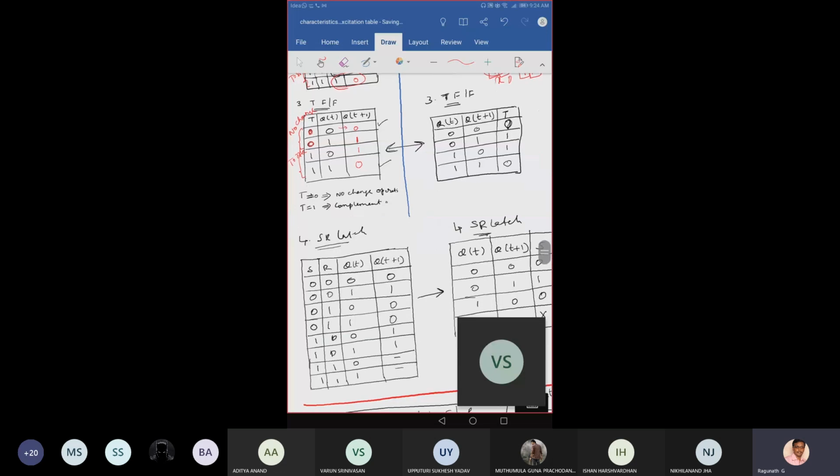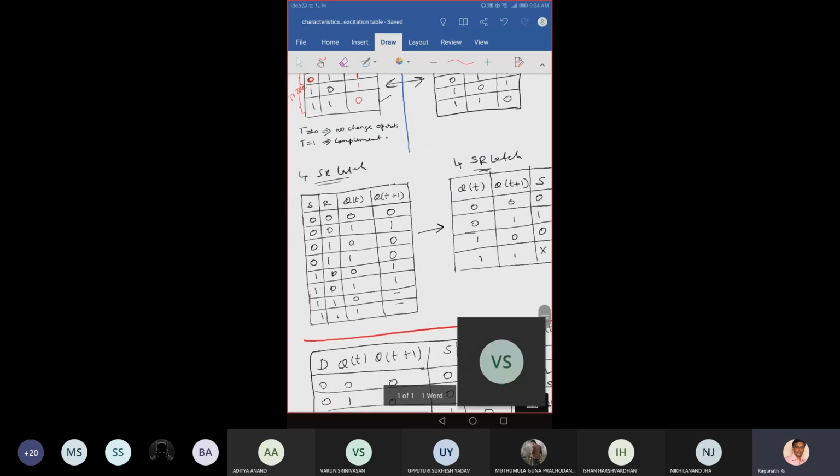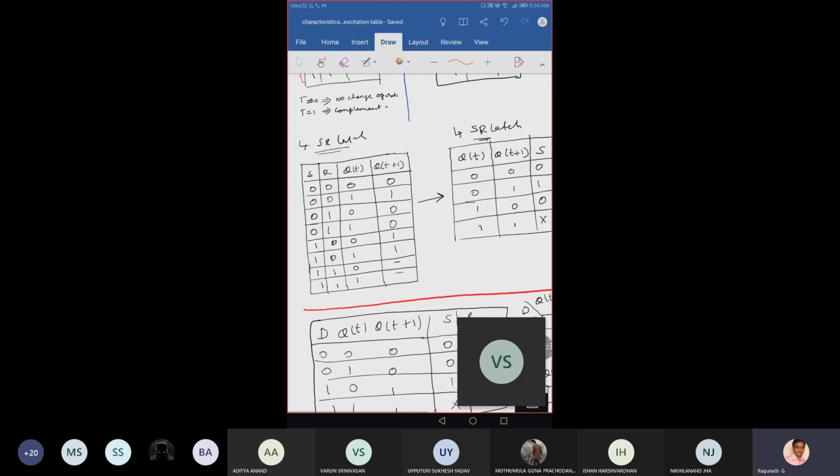Now, similarly, we can write the characteristic table and the excitation table for the SR latch also. We discussed SR in the last class, no? So 0, 0 means which operation it will do?